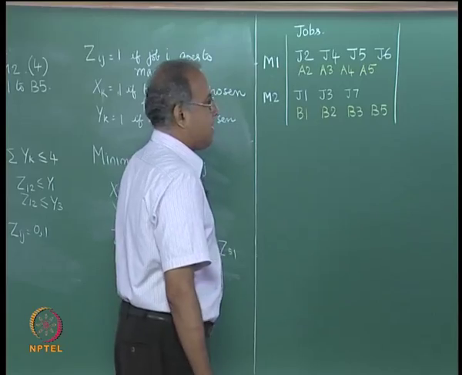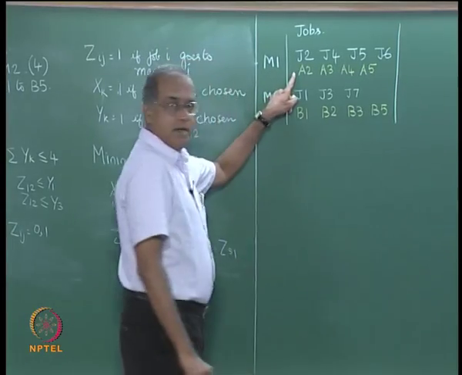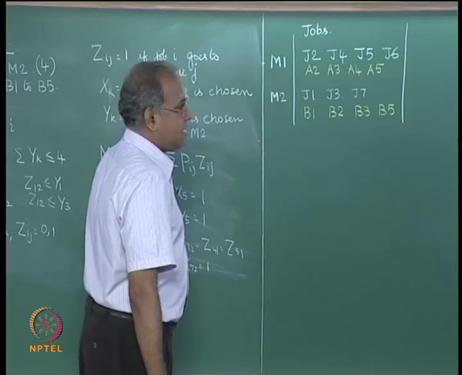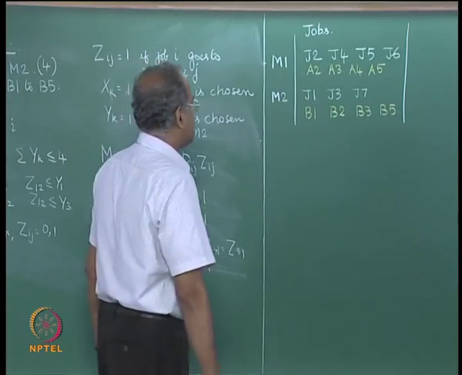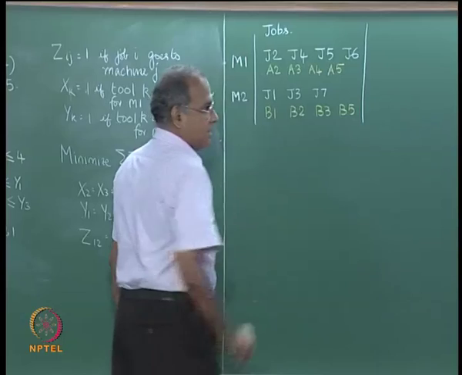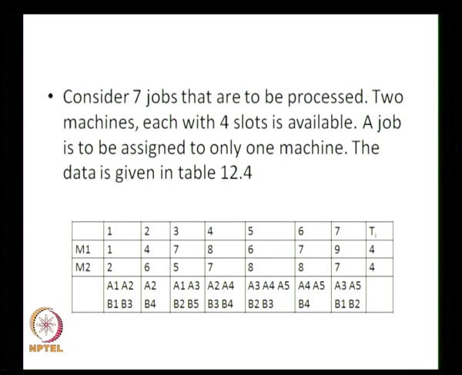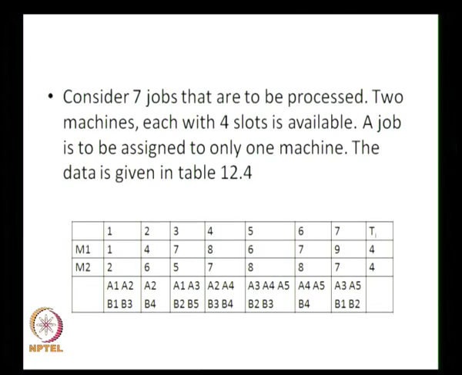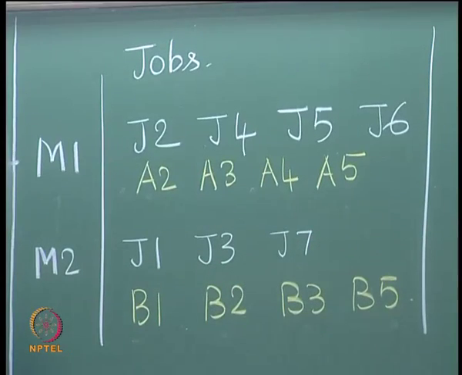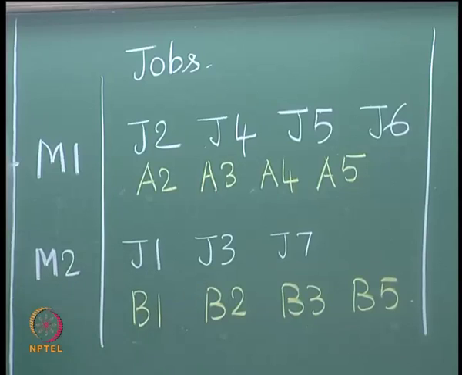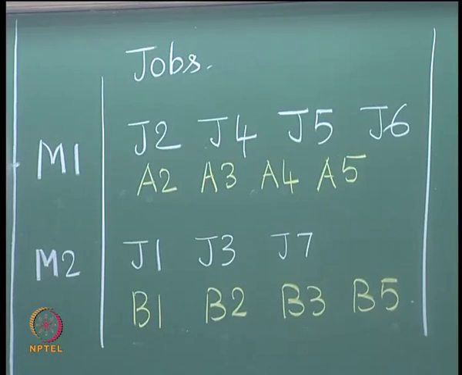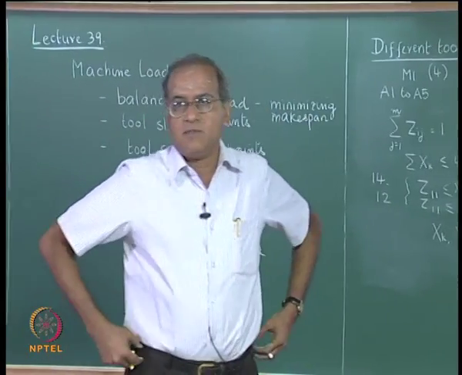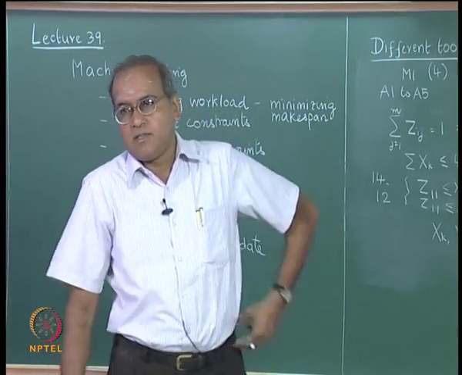J2 goes to M1, it requires A2, A2 is here. J3 goes to M2, it requires B2 and B5, they are here. J4, A2 and A4 are here. J5, A3, A4, A5 are here. For J6, it is A4, A5 they are here, and for J7, B1, B2 are here. So, all the 4 tool slots are utilized, but we have enough tools to carry out all these jobs.